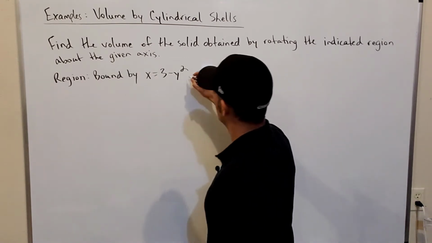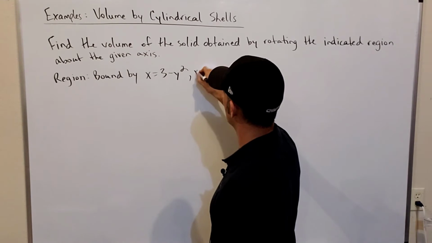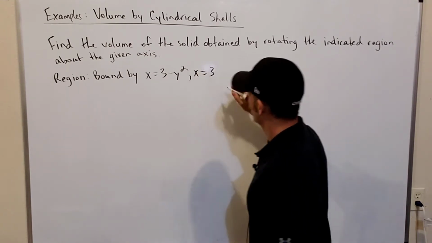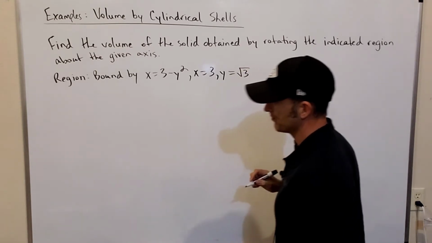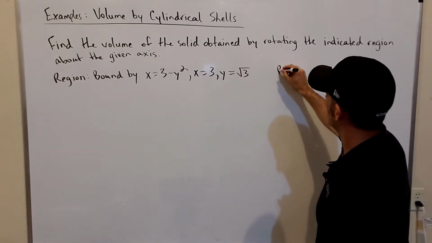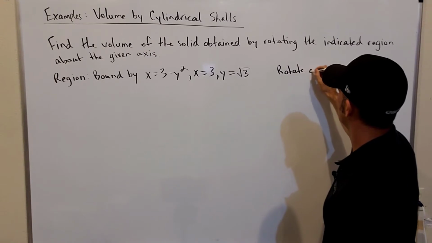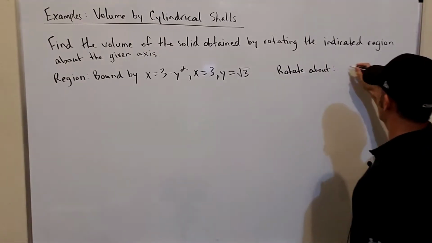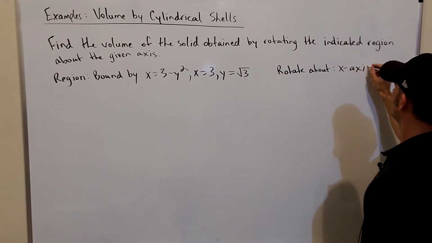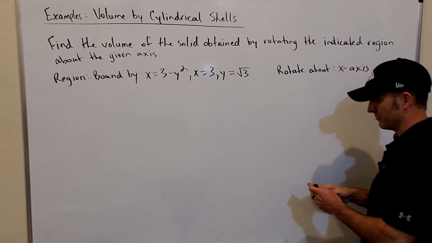It's also bound by the vertical line x equals 3, and the horizontal line y equals the square root of 3. And we rotate, let's say we rotate about the x-axis, all right? And we're going to do this using shells.